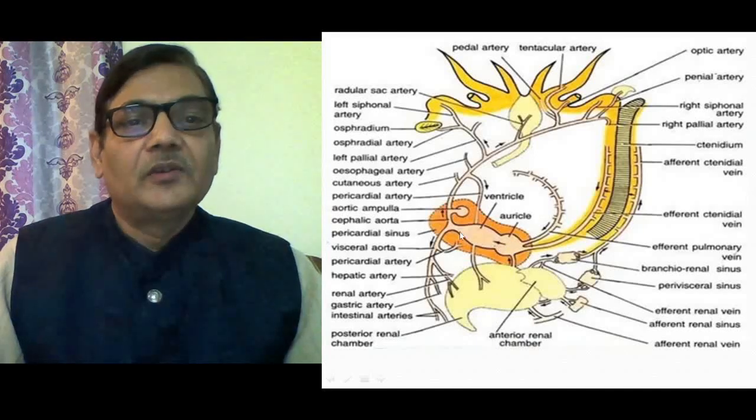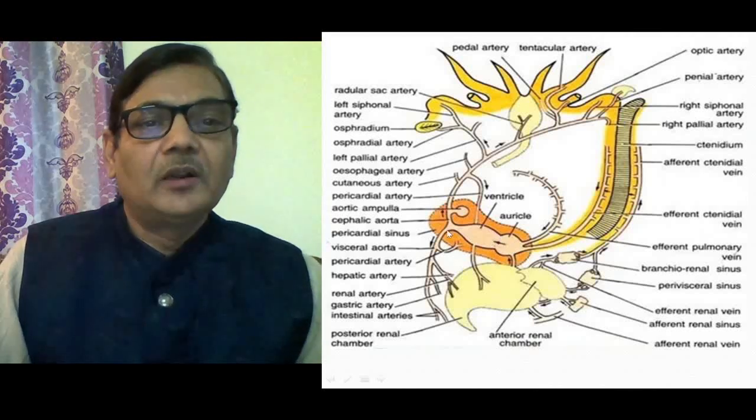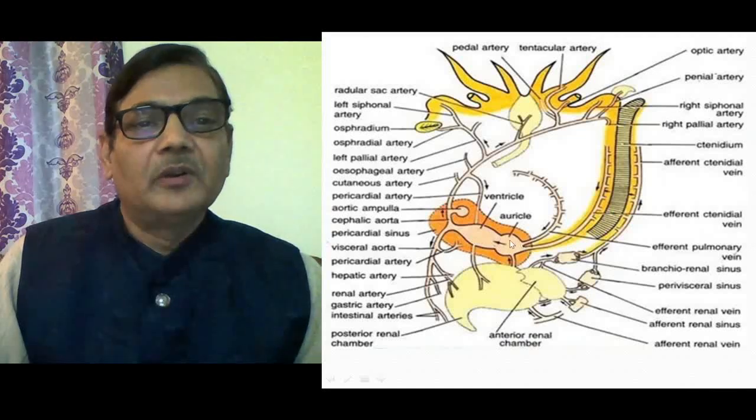First of all, in this area, this is its heart. You can see the position of the heart, and this heart is two chambered. This one is the auricle, and this elongated portion is its ventricle, and the heart is surrounded by pericardium.